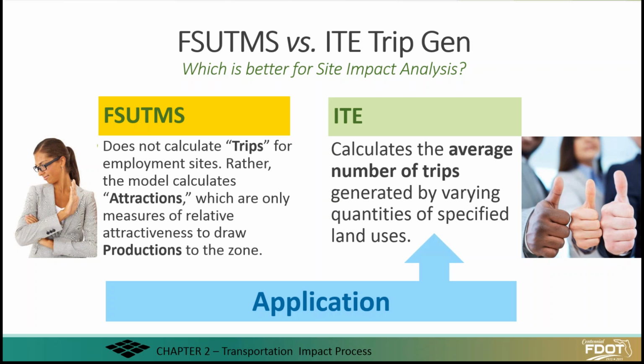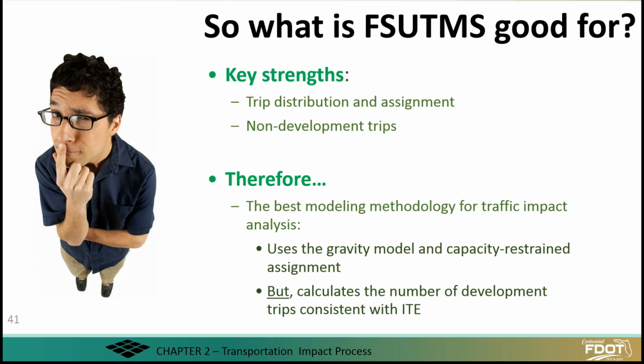Whereas with ITE, you can specifically determine how many trips should be coming to and leaving from that development that you're looking at. In this way, the ITE trip generation is a more applicable practice for determining the number of trips for your project.